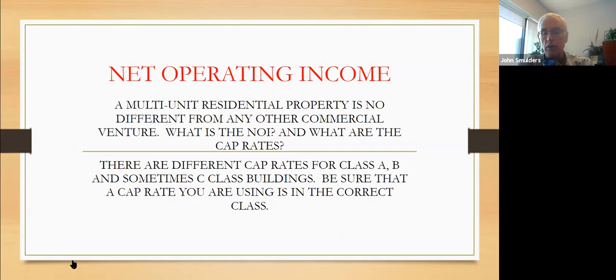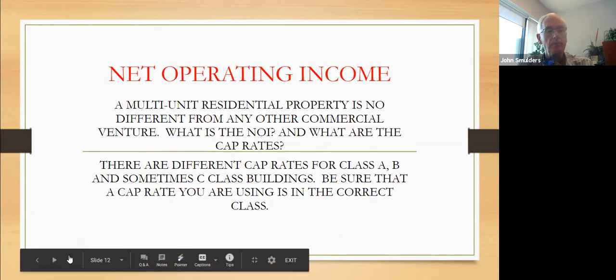If it's a small one, they might just say, well, here's what it is, and nothing fancy. But in a big unit, they will have net operating income statements just like any other business. So ask for it, when you're representing the buyer, or of course, if you're representing the seller, so that you can determine a price, you need the net operating income.